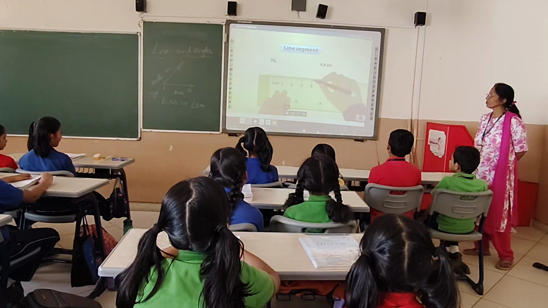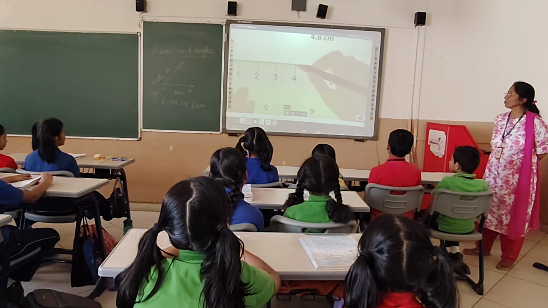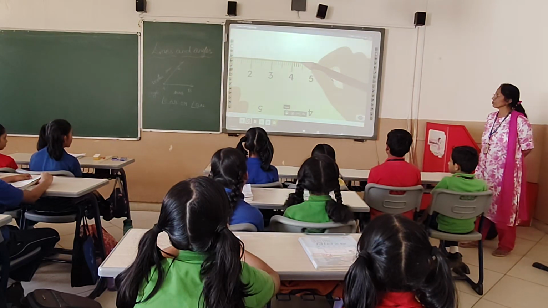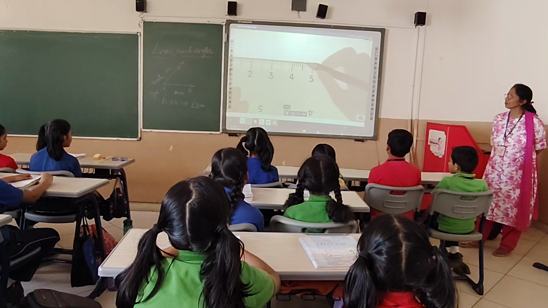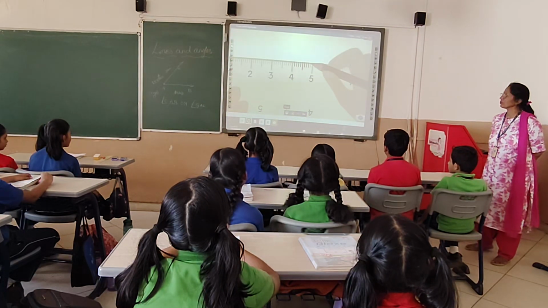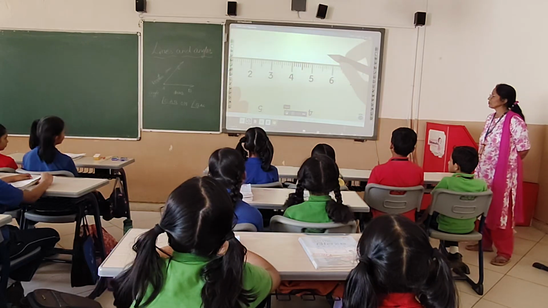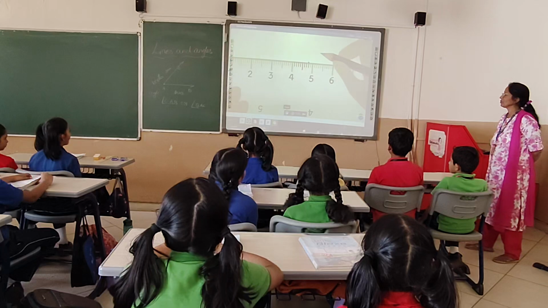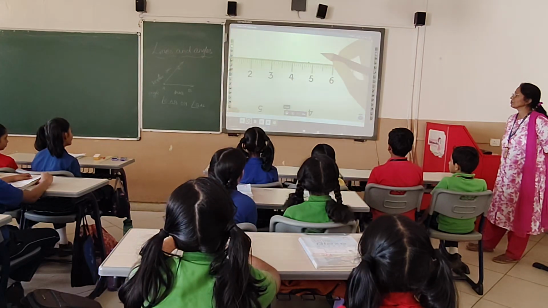So, here is the 4 centimeter mark. And 1, 2, 3, 4, 5, 6, 7 and 8. So, this is the 4.8 centimeter mark. Let's mark a point on the paper at this marking.